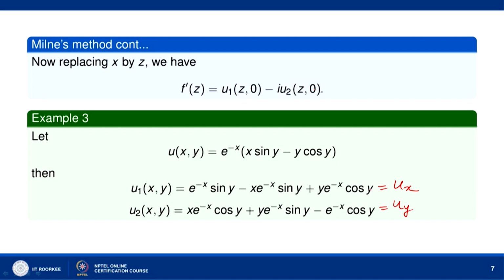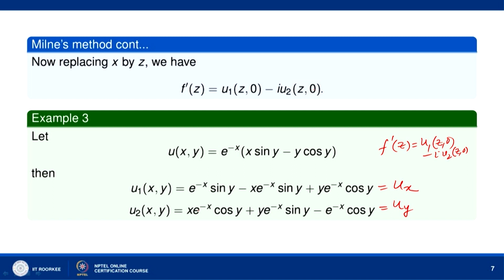By our notation, u_x is u1(x, y), and u2(x, y) is equal to u_y. Now, f'(z) is equal to u1(z, 0) minus i u2(z, 0).